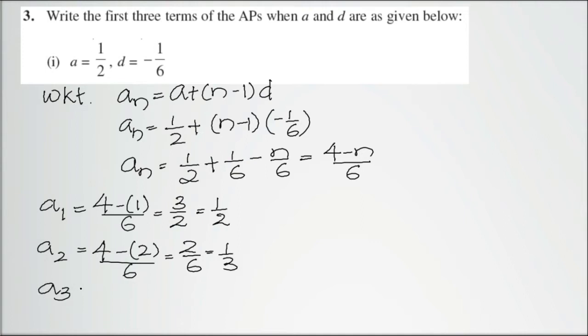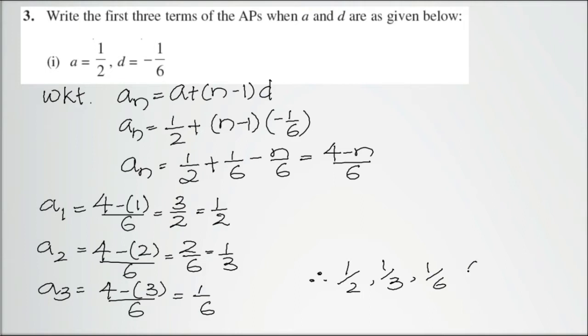And the third term is 4 minus 3 divided by 6, nothing but 1 by 6. Therefore, 1 by 2, 1 by 3, 1 by 6 are the first three terms of arithmetic progression.